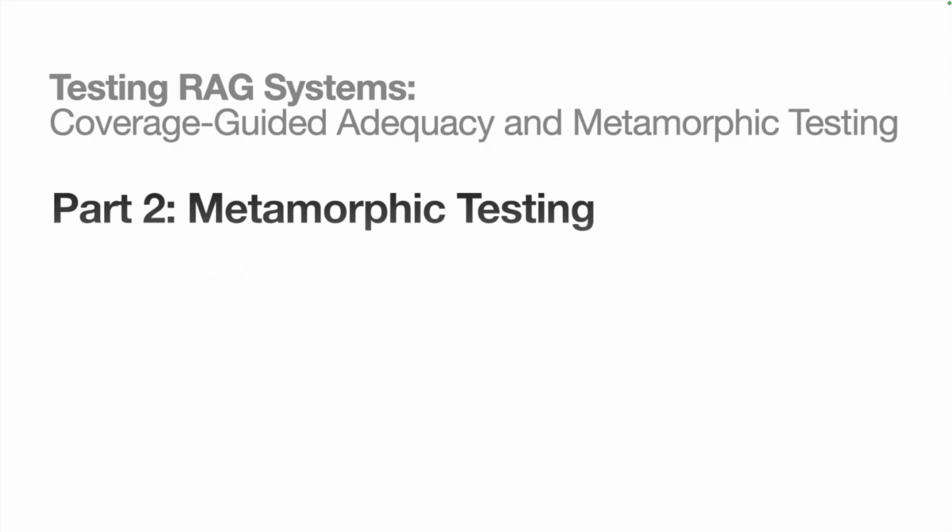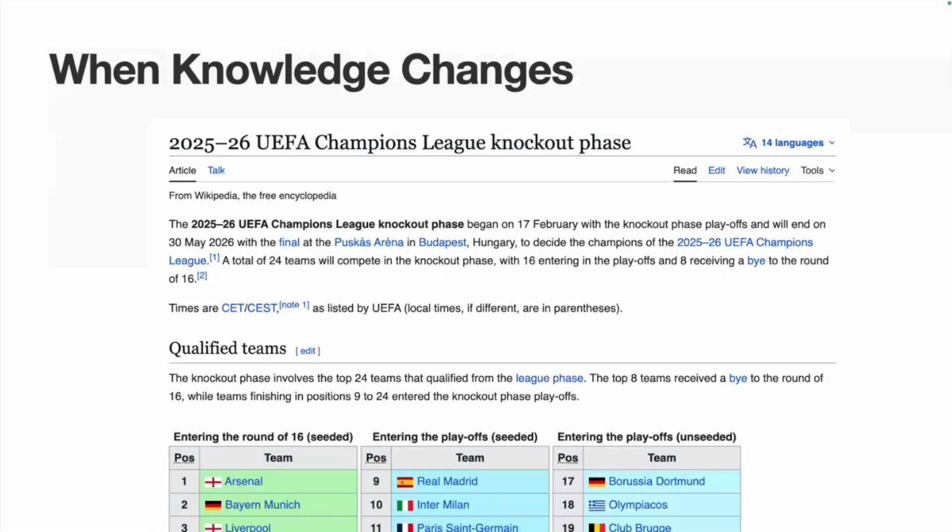So that was the first part of the presentation about chunk coverage, and let's move on to part 2, which is about metamorphic testing. As I briefly mentioned, sometimes the knowledge or documents change or evolve. For example, last night there was a UEFA Champions League match between Arsenal and Atletico Madrid, and this document should be updated based on the result.